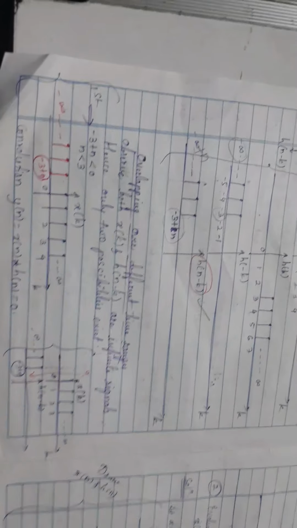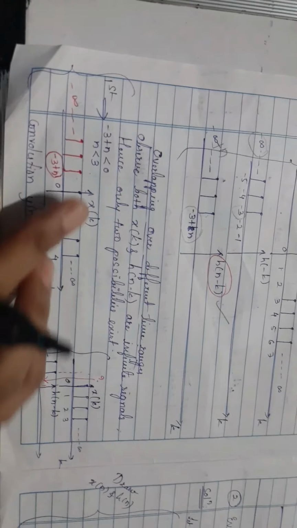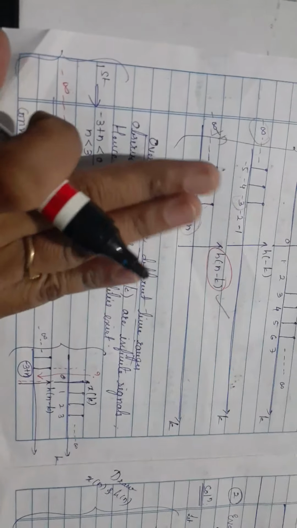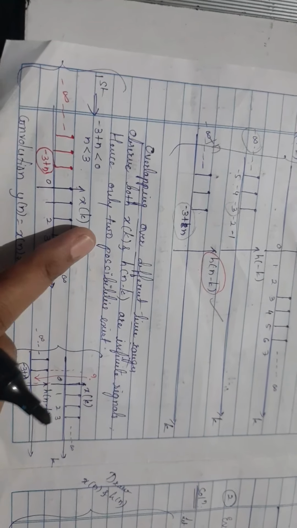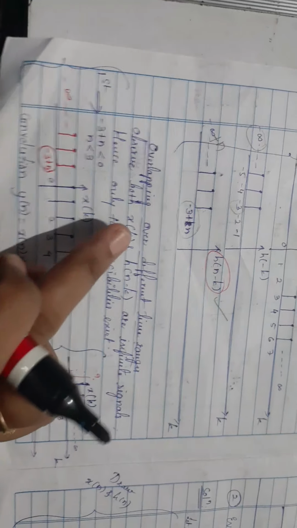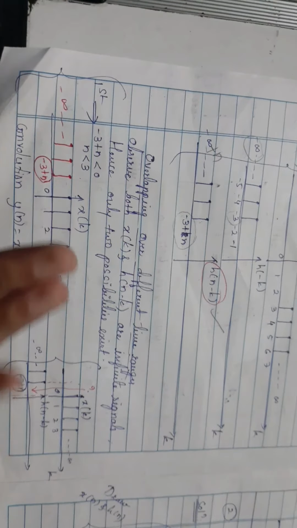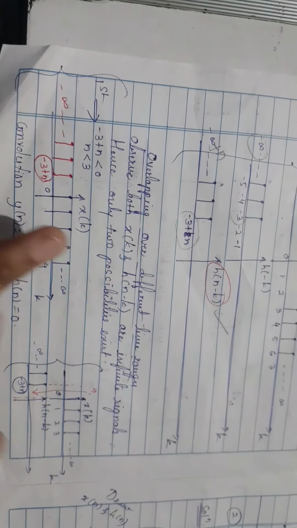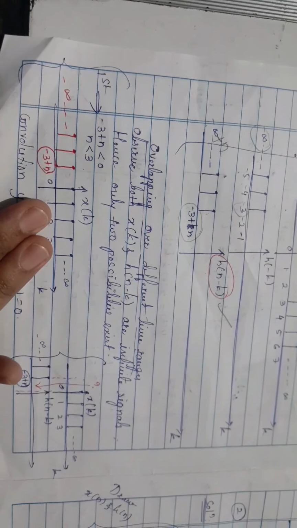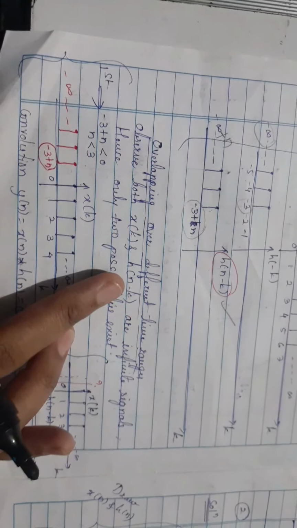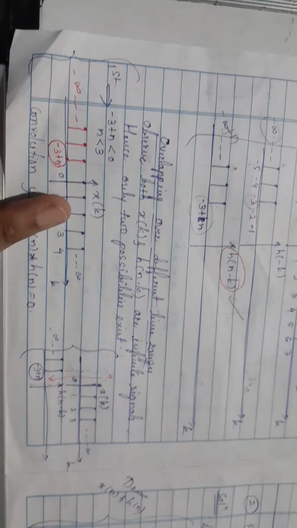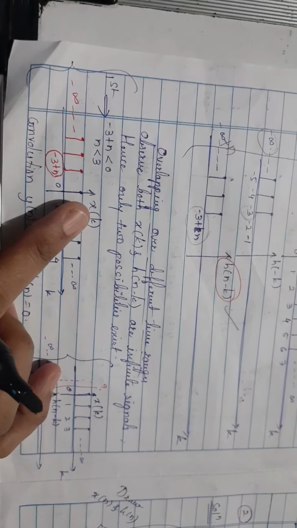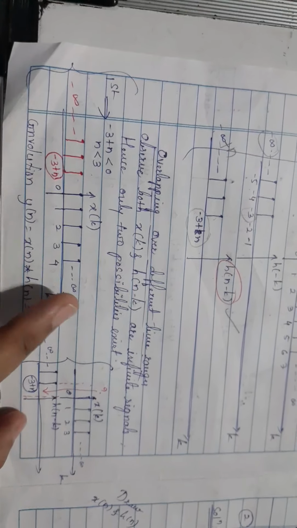First possibility, let us choose. Before that, first let us draw x of k. We know that whenever we go for overlapping, the first signal we draw and keep fixed. So x of k we have drawn and kept fixed. Now the second signal h of n minus k, we should keep on overlapping. So the first possibility is, see what is the range for x of k, it is 0 to infinity.